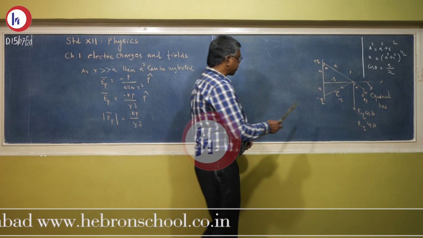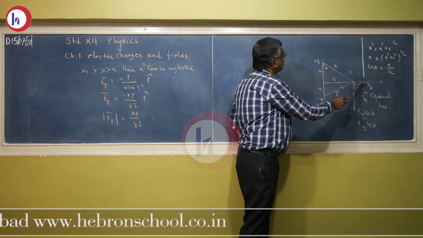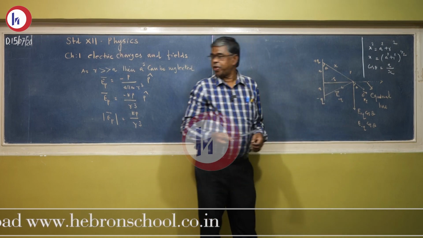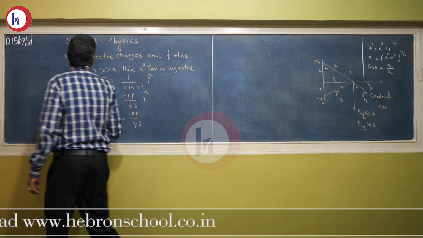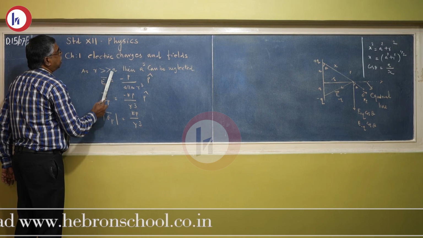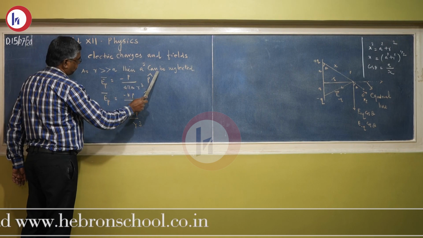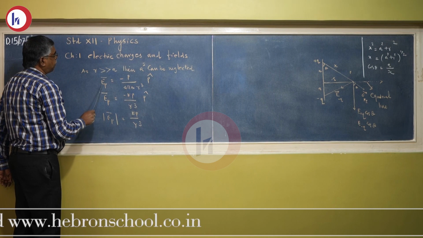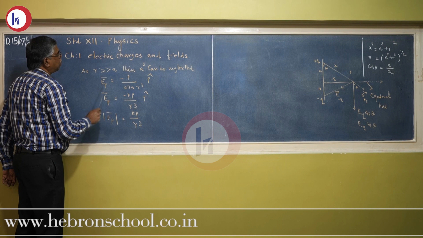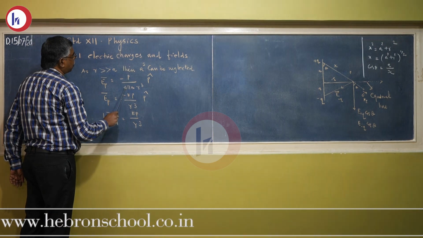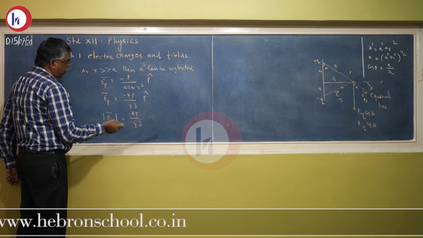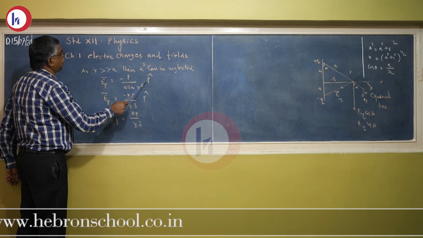Next one. Children, suppose you consider point P very far from the dipole, then we can take the condition as r is greater than a, then a square can be neglected. So the above equation can be written as electric field at the point P equal to minus p upon 4 pi epsilon 0 r raised to 3, in vector form multiplied by unit vector p.